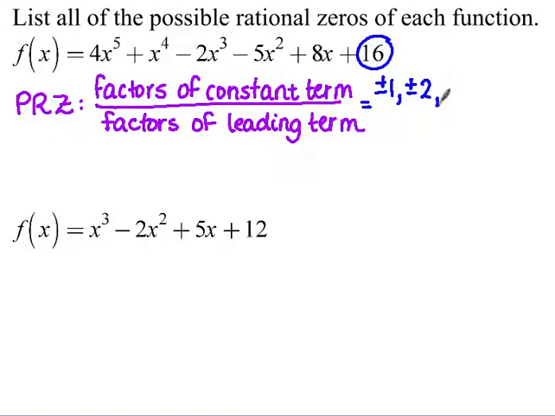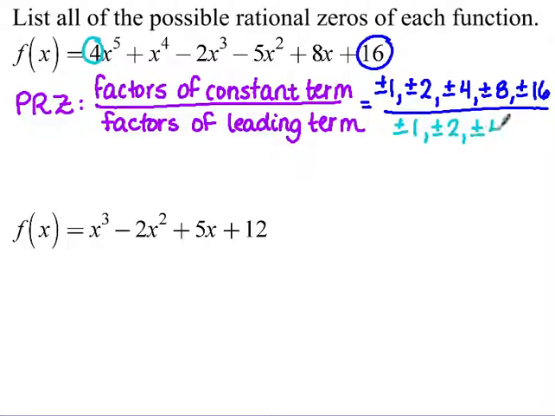Another factor is 4, and another factor is 16. So those are all the factors of 16. Yes, you have to do the plus or minus. Now we're going to do the factors of the leading term, which in this case is 4. So you just said 1, 2, 4.